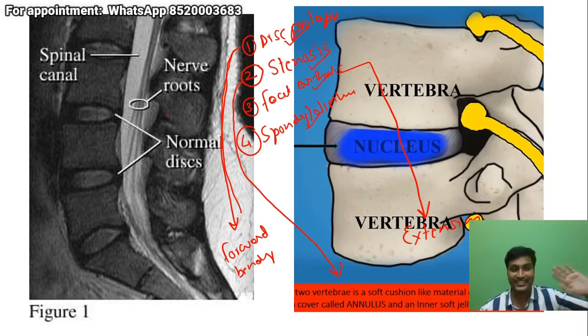I am happy with facet arthritis and disc. Coming to stenosis, will the complaints of stenosis increase in extension or flexion? Right. So the symptoms of stenosis reduce in flexion and increase in extension.